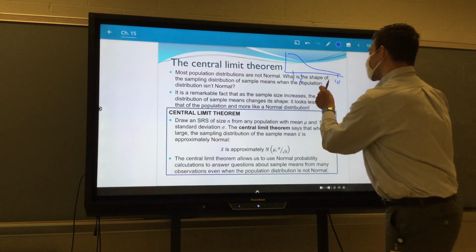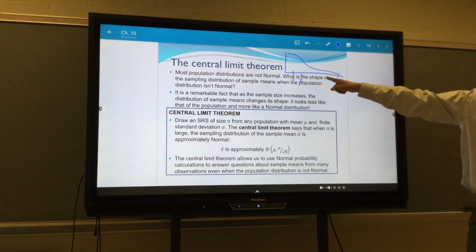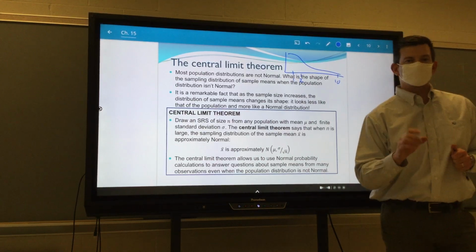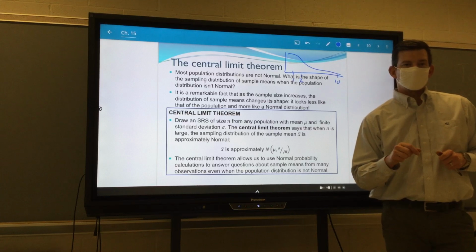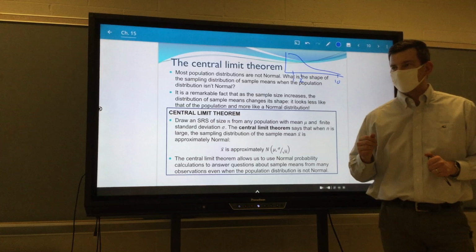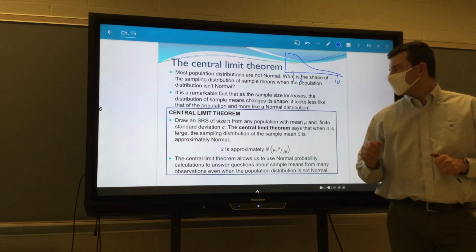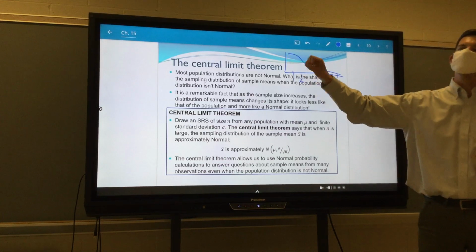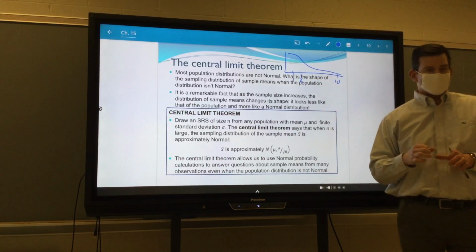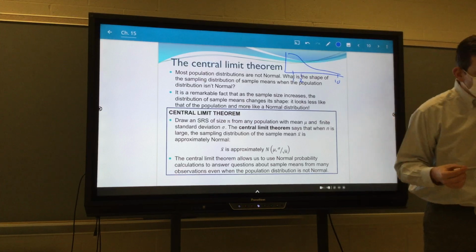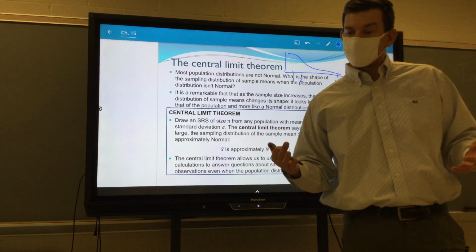It starts to look less like that of the population and more like that of a normal distribution. And I have a simulator that I'm going to show you this in action tomorrow. Okay? But we don't have to have a normal population as long as that sample size is large. That's always important. The bigger the sample size, the better.